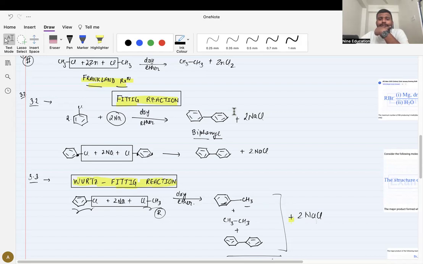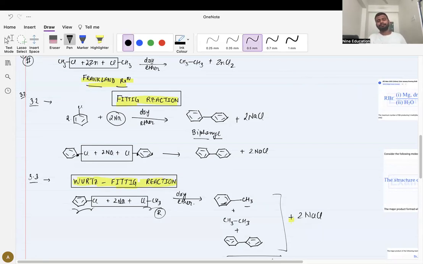Which one you want? Intramolecular Wood's? हाँ बेटा, this is the intermolecular Wood's reaction. This is the intra and this is inter, है ना?